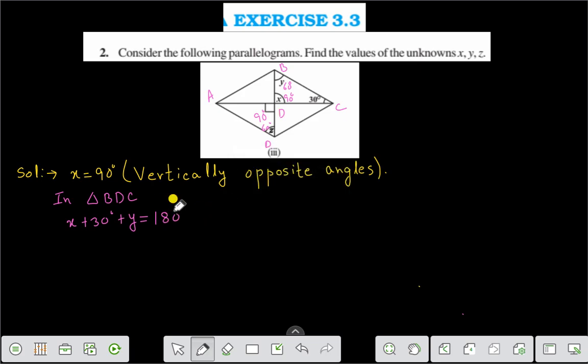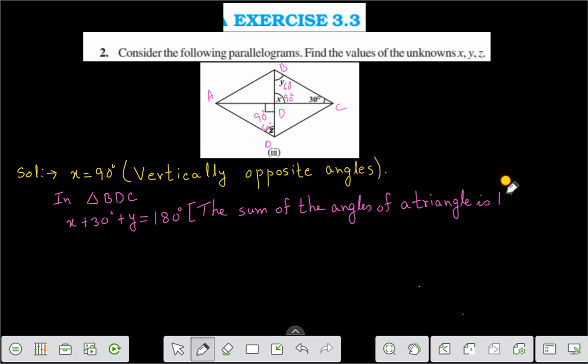Because the reason is the sum of the angles of a triangle is 180 degree.